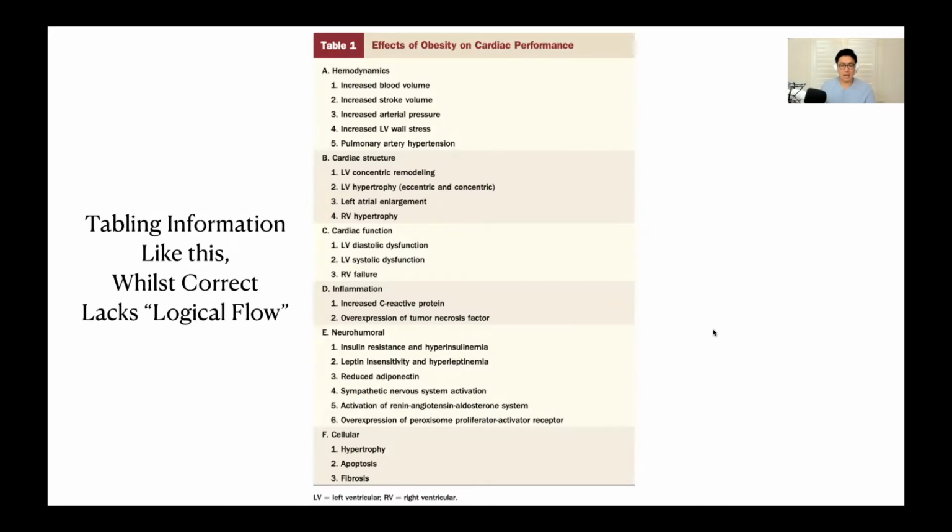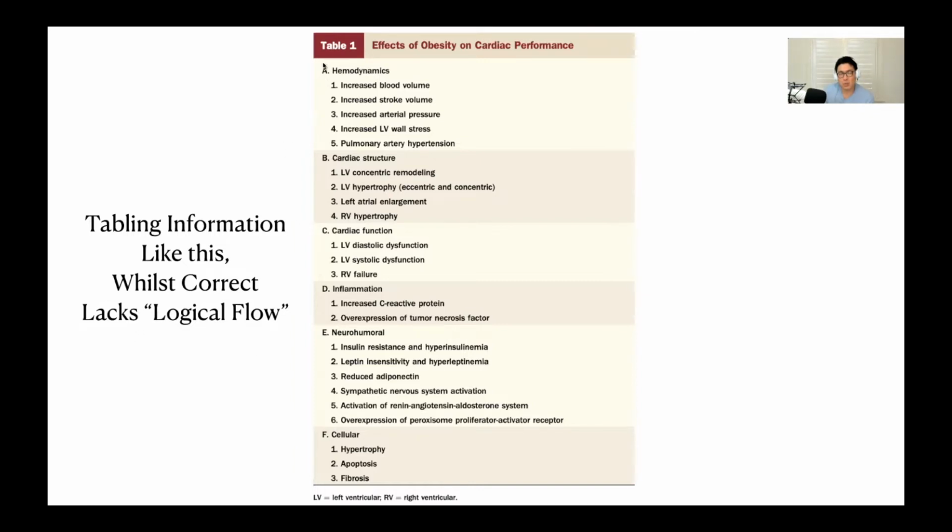Now, this article has come from the first journal article that I supplied on the Patreon page. This is from Levy, and this pretty much summarizes everything that occurs. But the problem with tabling information like this, whilst it's correct, is that it lacks logical flow.